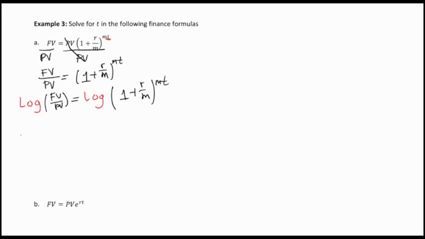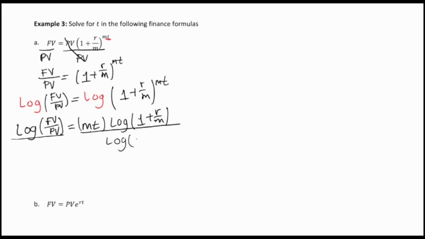The power property says we have log of FV over PV equals mt times the log of 1 plus r over m. What do we do from here? These two are multiplying, so we divide both sides by the log of 1 plus r over m. These cancel.